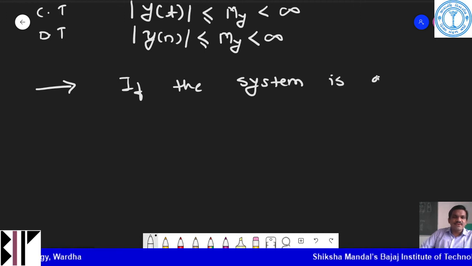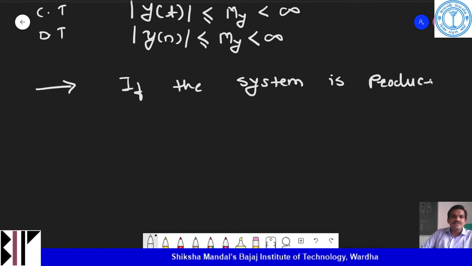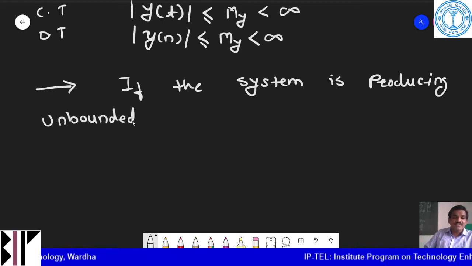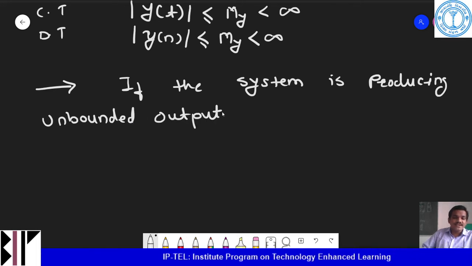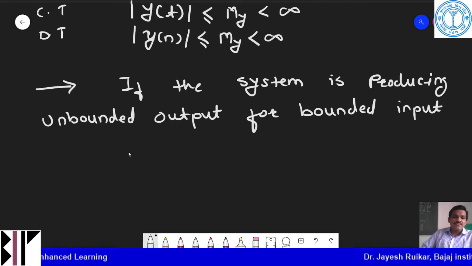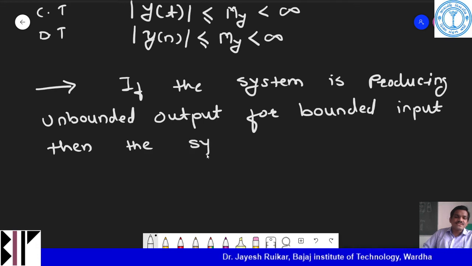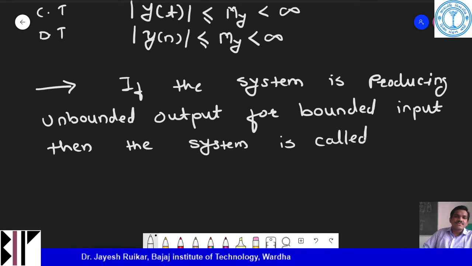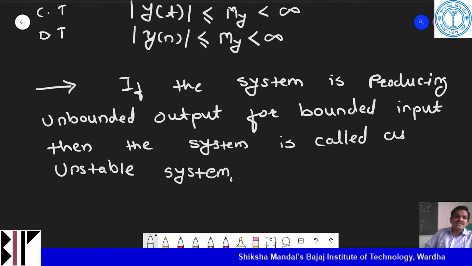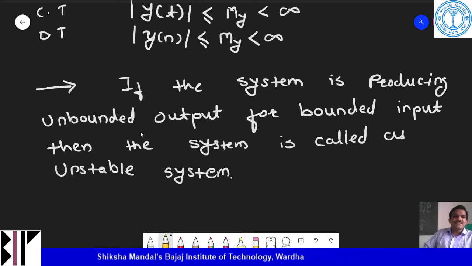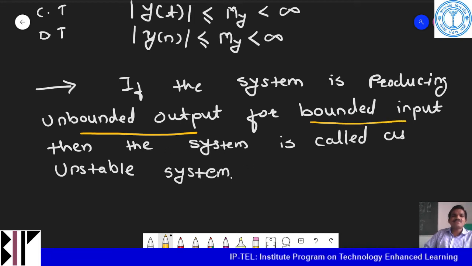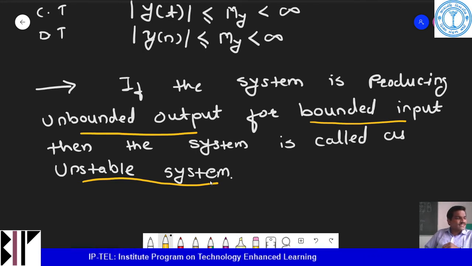If the system is producing unbounded output, unbounded means infinite output, for bounded input, then the system is called an unstable system.